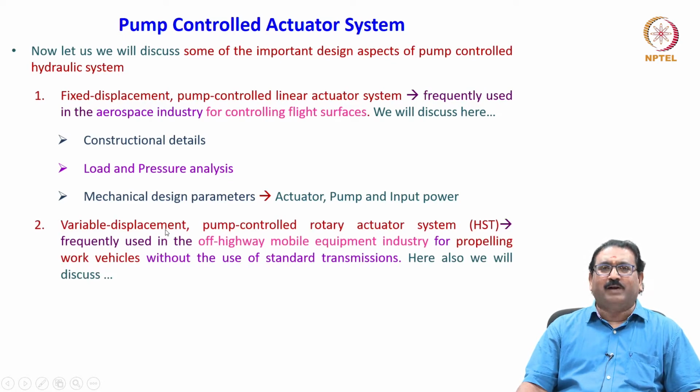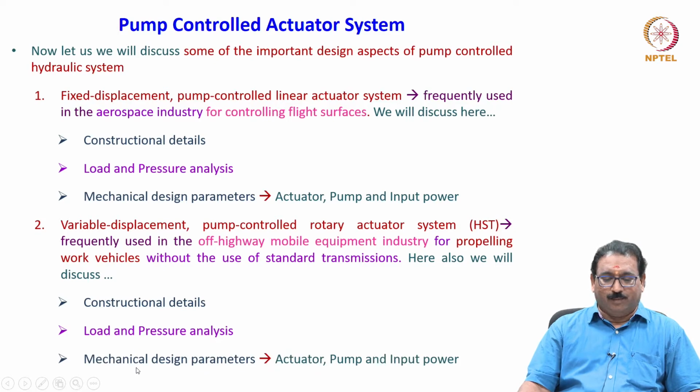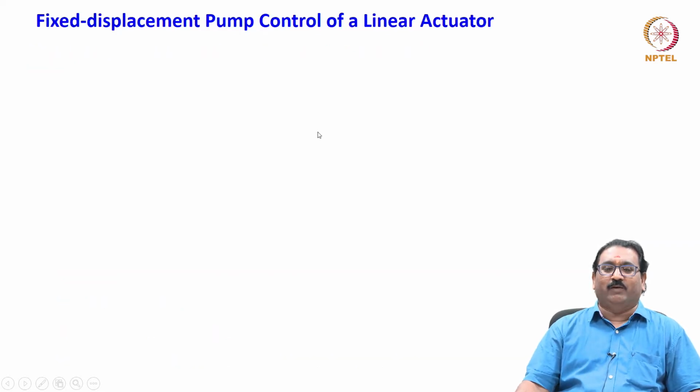Next is the variable displacement pump controlled rotary actuator system. As I have already told, it is a hydrostatic transmission, frequently used in the off-highway mobile equipment industry for propelling work vehicles without the use of standard transmissions. Here also we will discuss constructional details, load and pressure analysis, and mechanical design parameters, particularly for the actuator, pump and input power. Let us move one by one.